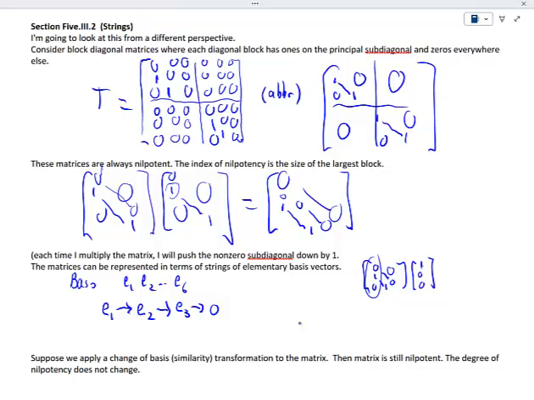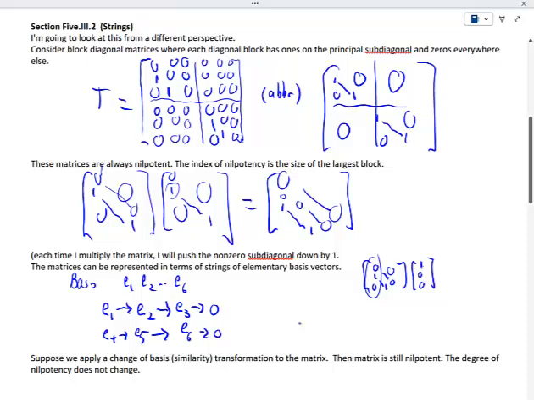And the same thing with the subdiagonals. E4 is going to go to the fourth column of T, which is E5. And if I apply the matrix to E5, it's going to go to E6, and E6 is going to go to 0. So here you can see how these strings work in a very simple case.